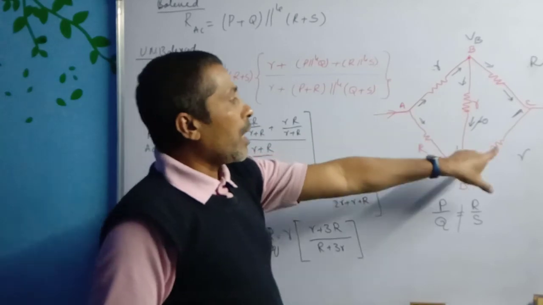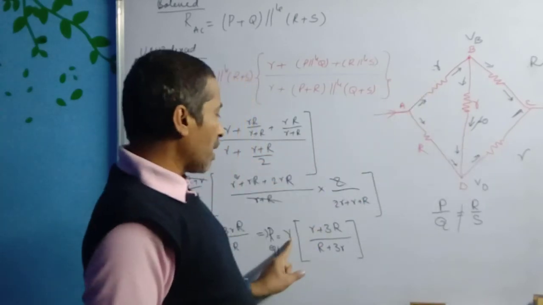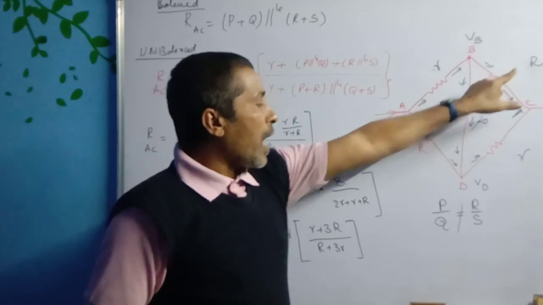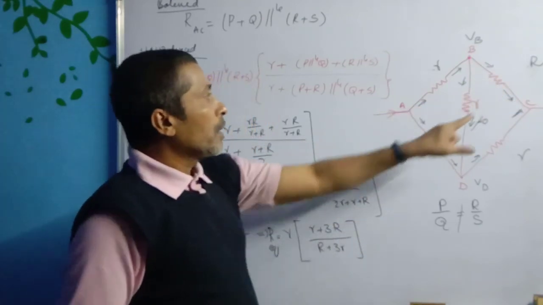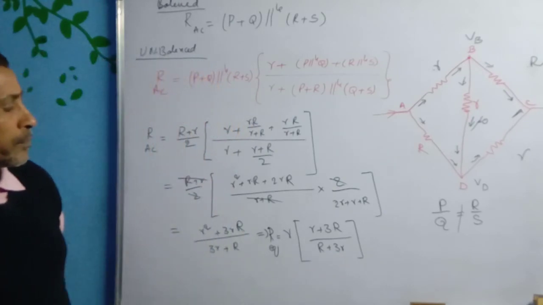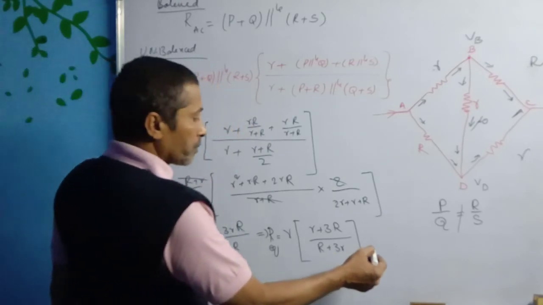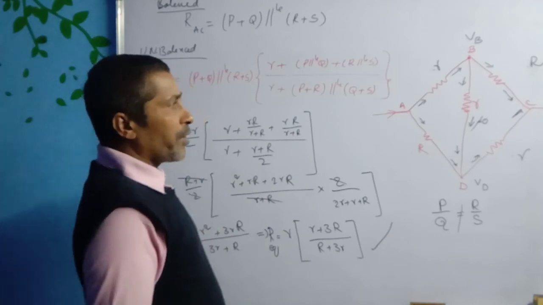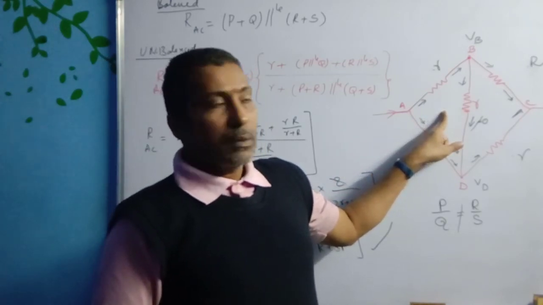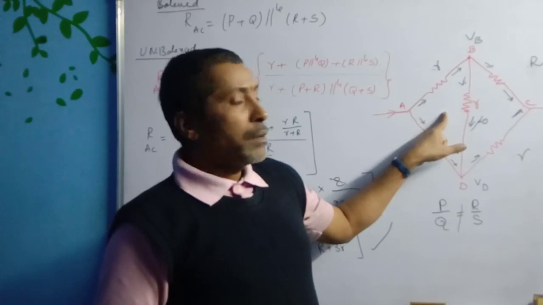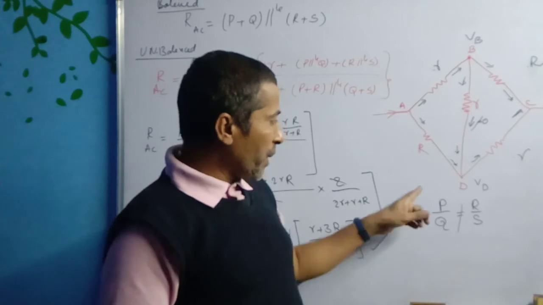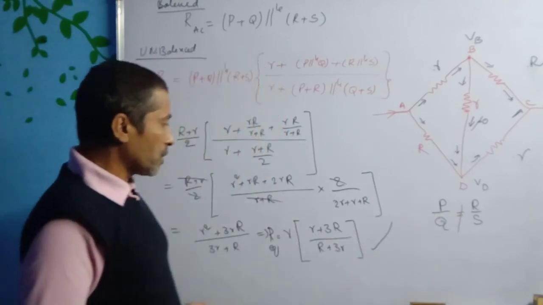Here it is r times small r plus 3R by capital R plus 3 small r. This is the formula. This is a very important example on the unbalanced resistor bridge circuit, when P by Q is not equal to R by S.